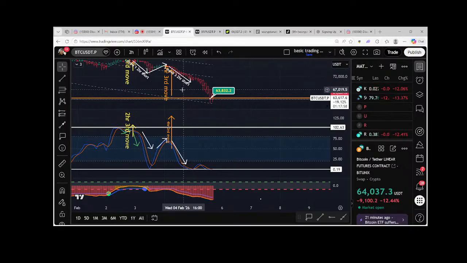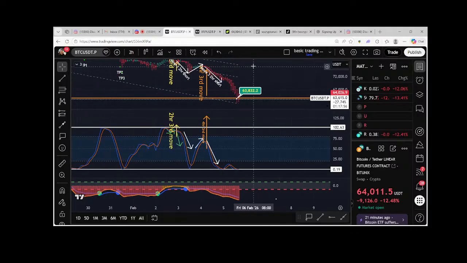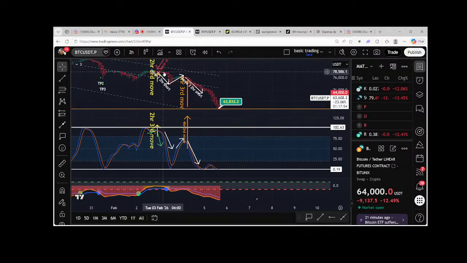So once you have this move down, this strategy is letting the 2 hour pull back: third move, up, down, up, short, right? Then after that third move short, you get the 4 hour move. The 4 hour is basically down, bounce, third move.